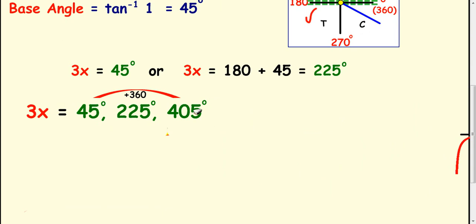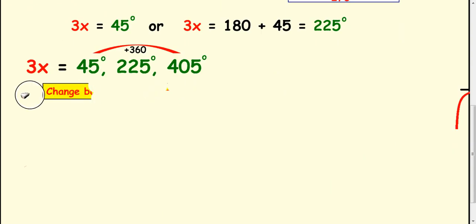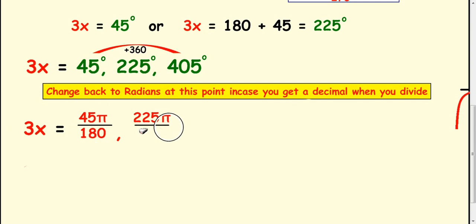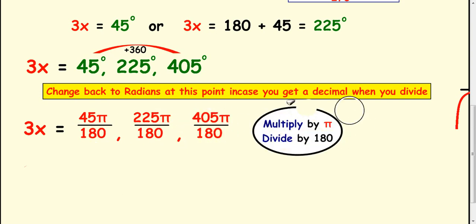At this point, I'm going to change back to radians. The reason for that is when I divide some of these numbers by 3, you sometimes get decimal values. So change it to radians first and then divide by 3. So multiply by pi and divide by 180 to change into radians, for each of the values there.